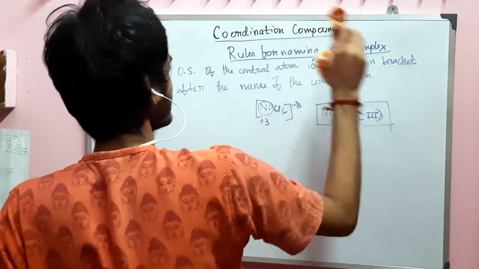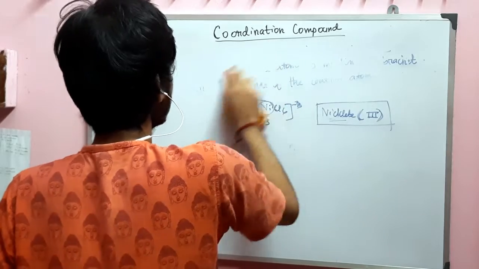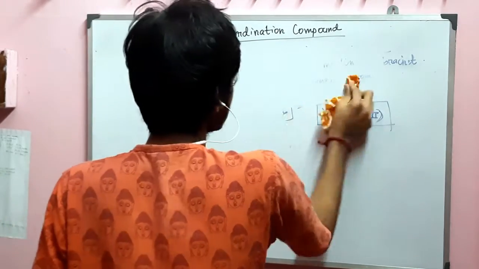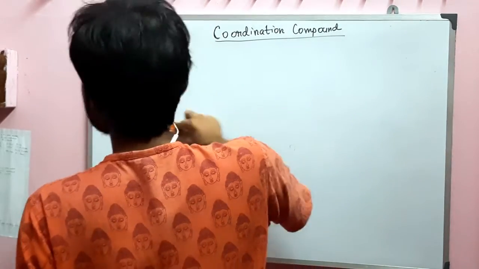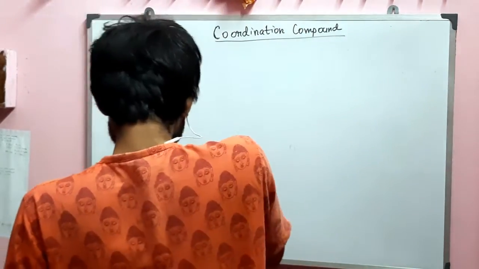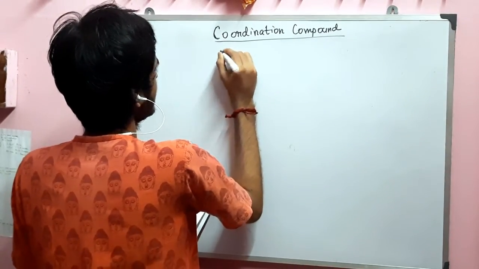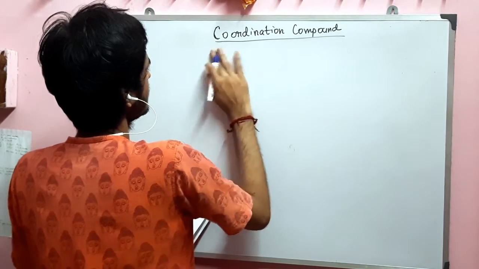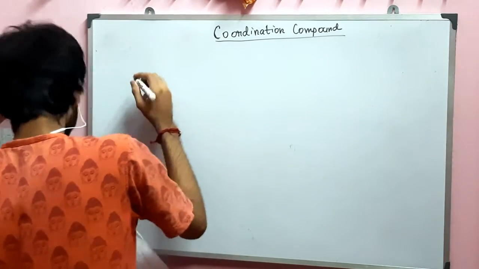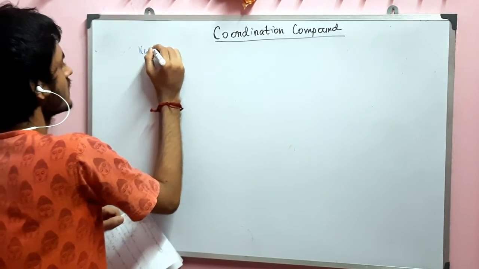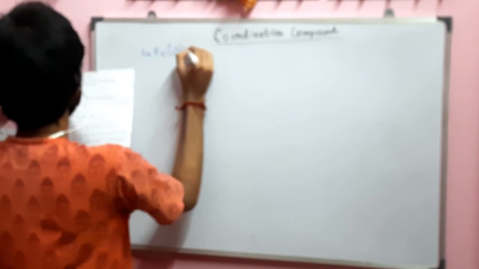So let's continue the examples. First, our famous example comes: K4[Fe(CN)6].